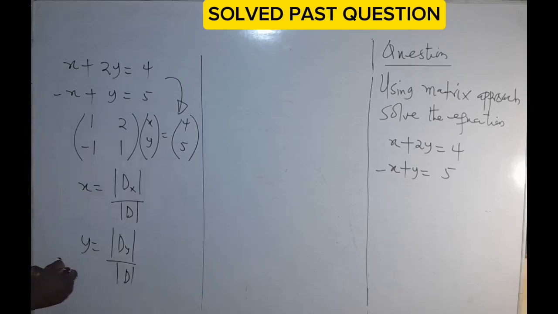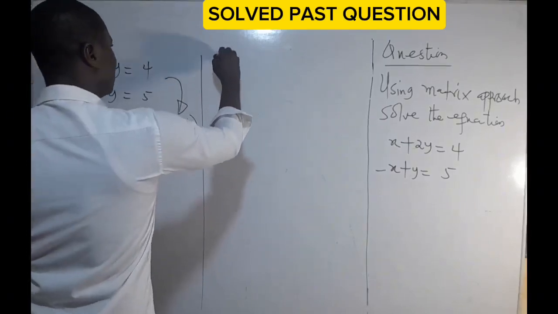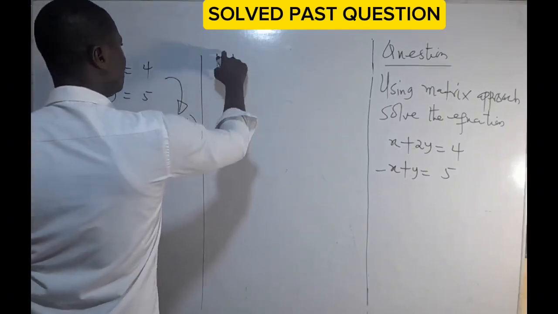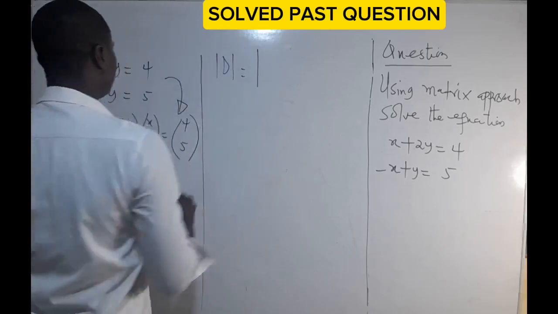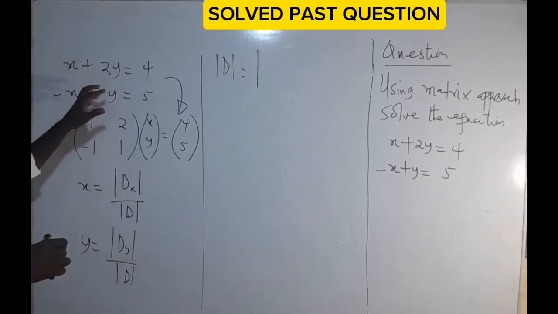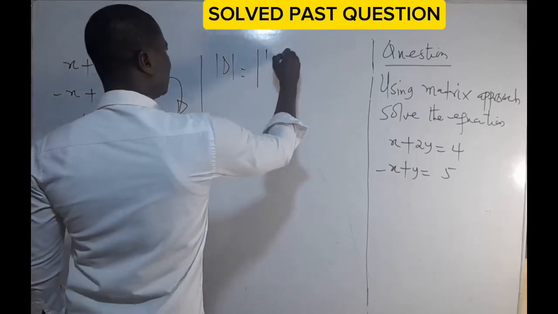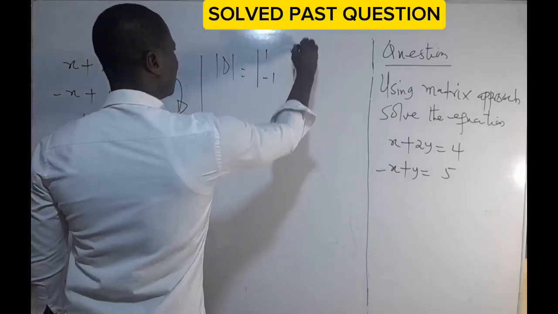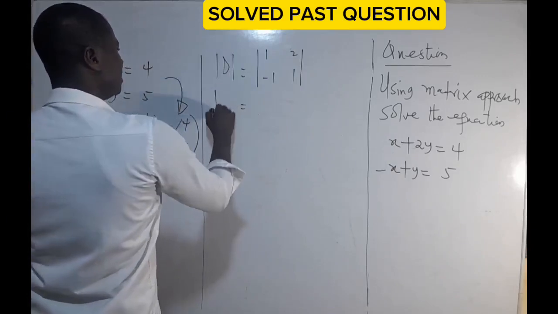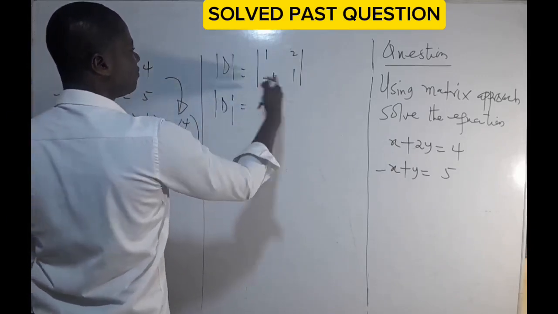Now, I'm going to explain what we mean by the determinant of d. The determinant of d will be the determinant of the coefficient matrix itself. That is 1, 2, minus 1, 1, the coefficients of the variables. So how do you find the determinant?